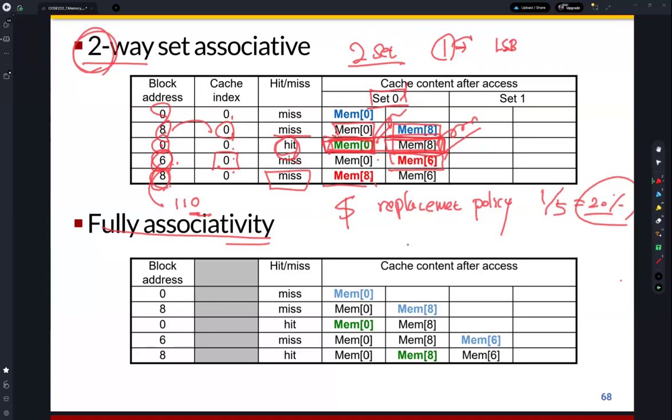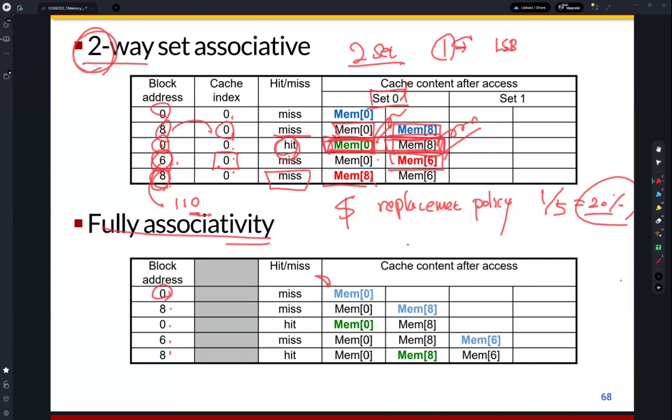In the fully associative cache, the data blocks can be allocated in any available blocks, right? And as I mentioned, in a fully associative cache, there is no index field. So the newly requested blocks can be allocated in the available slots, the empty slots, right?